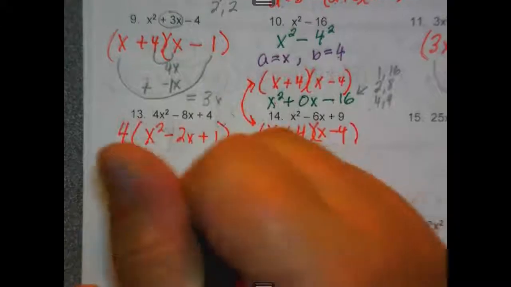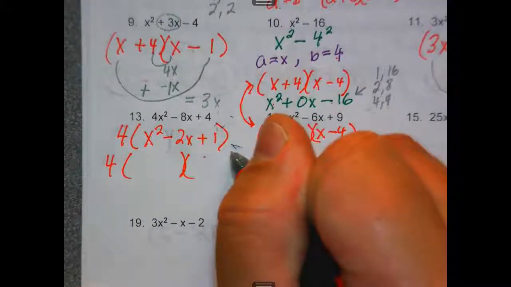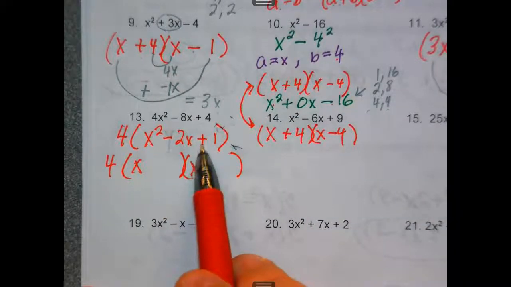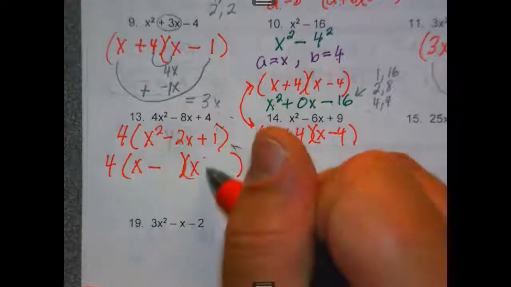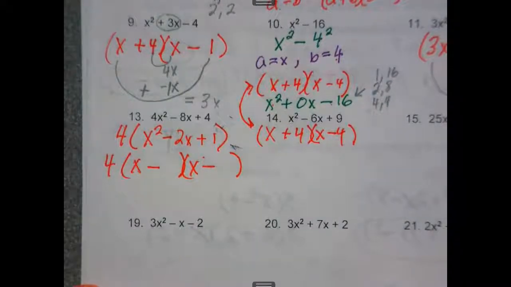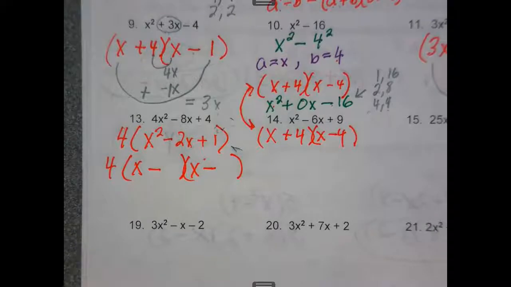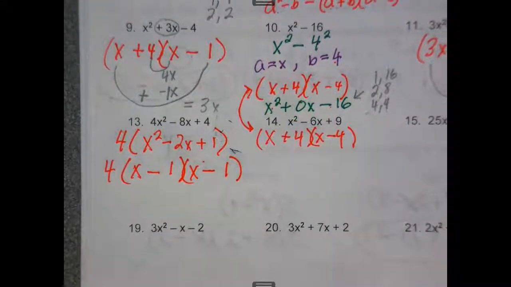My A is 1, so I'm just going to go ahead and put my x's there. They have to multiply to a positive, add up to a negative. So what are my signs? Minus, minus, and two numbers that multiply together to get 4 and add to 8.